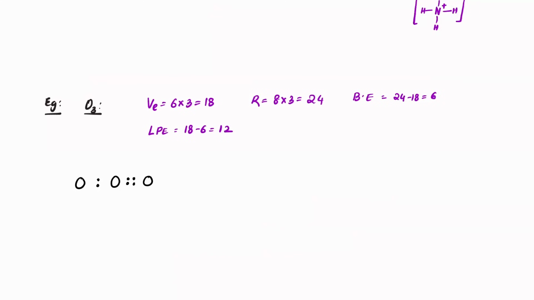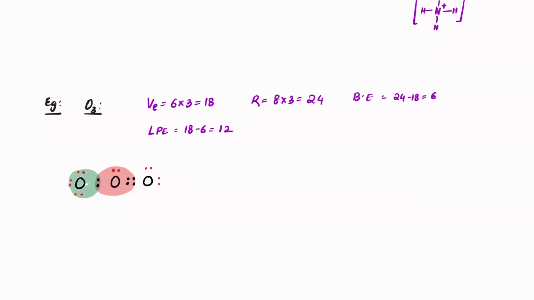And now lone pairs. I can keep one lone pair here just to ensure that the octet of this central oxygen is completed. And then 1, 2, and 3 pairs here, 1 and 2 pairs here. This way, the oxygens at these ends are also completing their octet.